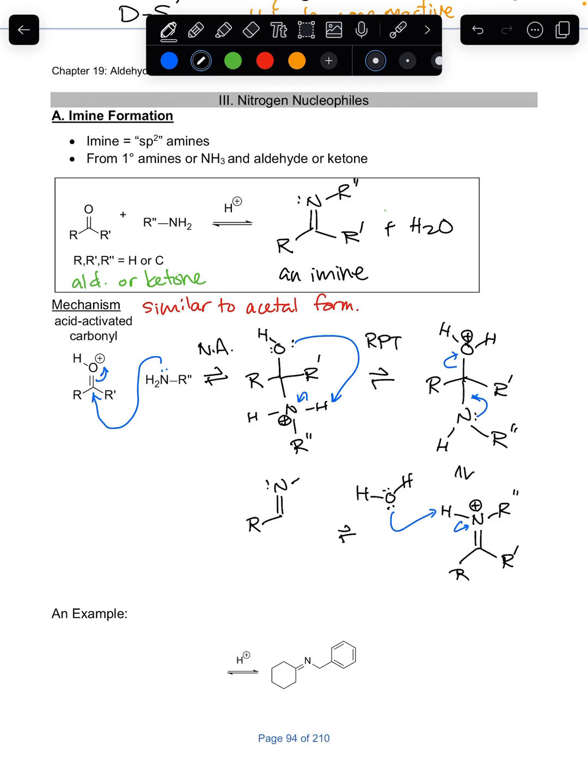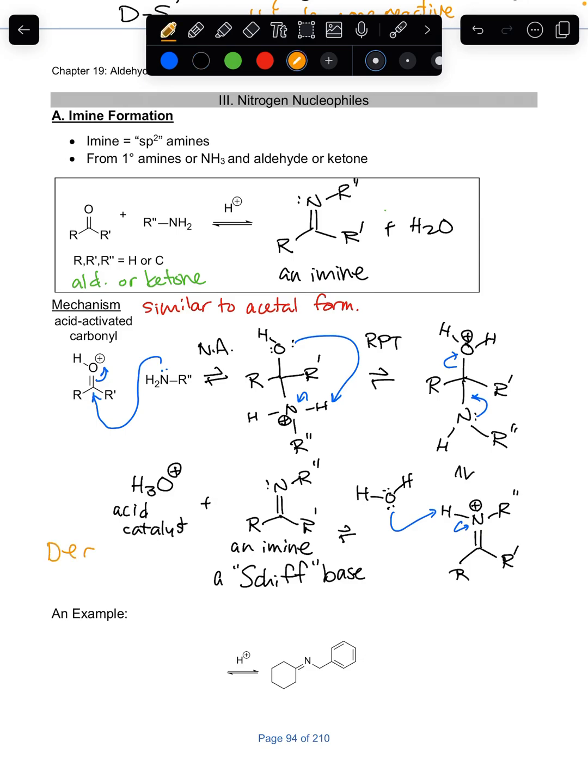And once deprotonation to make it neutral occurs, you get your imine. You could also think of an imine as the sp2 version of an amine. In the old days, this was called a Schiff base, because it's still basic, but it's not amine-like basic. And then, of course, the byproduct is water, or you could say the acid catalyst, or hydronium ion.